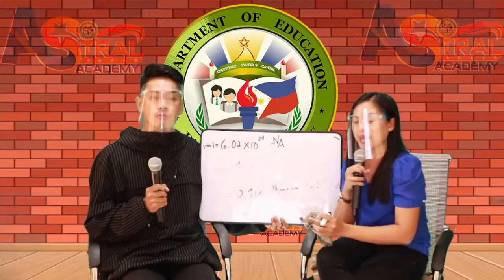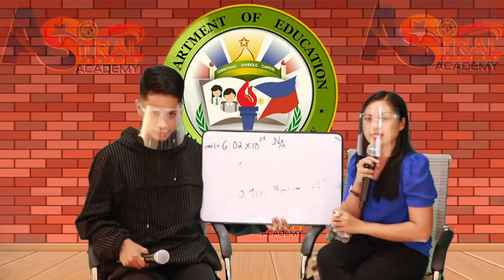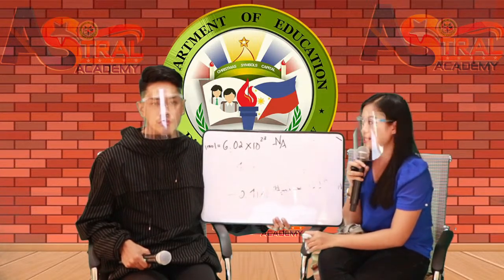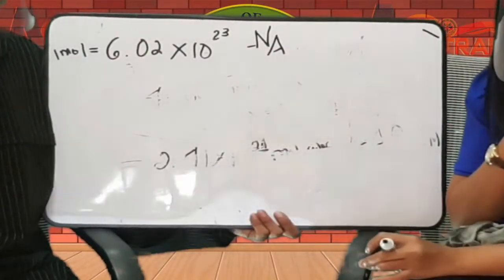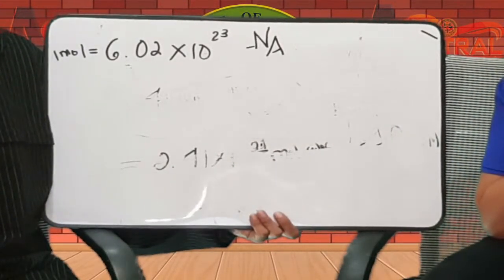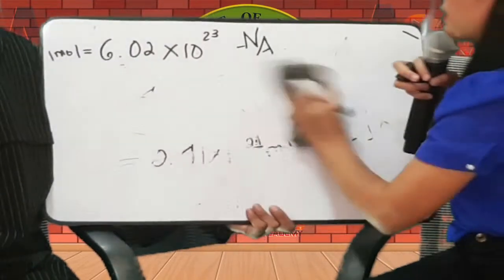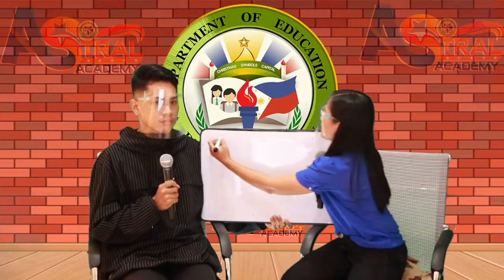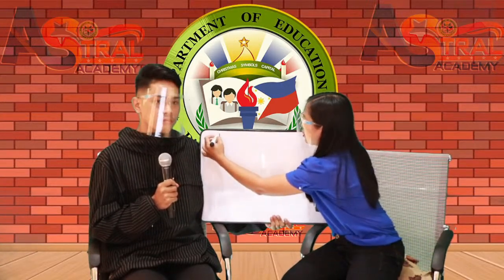The atomic mass of an element, Sir Louis, is the mass of one atom of the element expressed in atomic mass unit. It is roughly equal to the sum of all protons and neutrons. The atomic mass is expressed in the unit AMU.